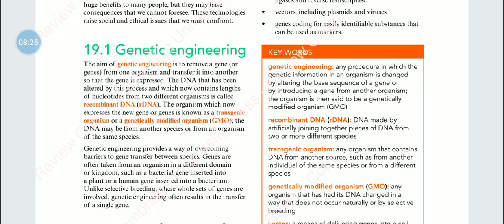We can even do this with a completely different domain or kingdom. For example, a bacterial gene: we are very different from bacteria, but a bacterial gene can be inserted into a plant or even a human being, and also we can do the reverse.